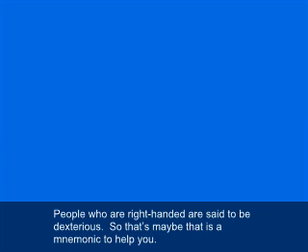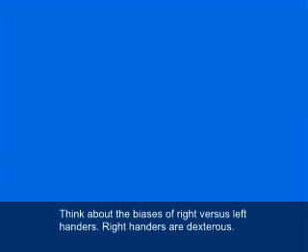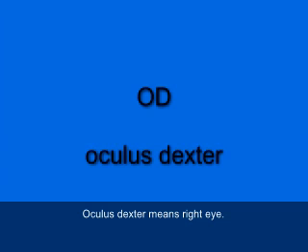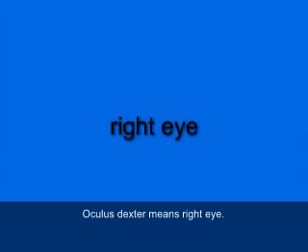Well, in this universe we live in, there's a big bias in favor of right-handed people versus left-handed. People who are right-handed are said to be dexterous. So that's maybe a mnemonic to help you, is think about the biases of right versus left-handers. The right-handers are dexterous. Oculus Dexter means right eye.